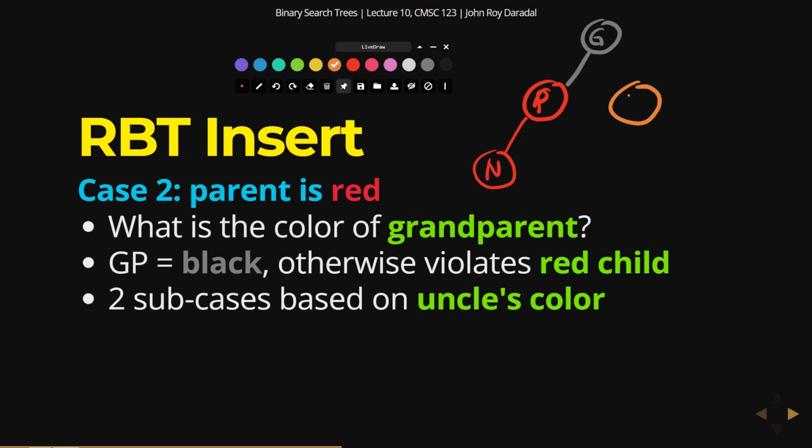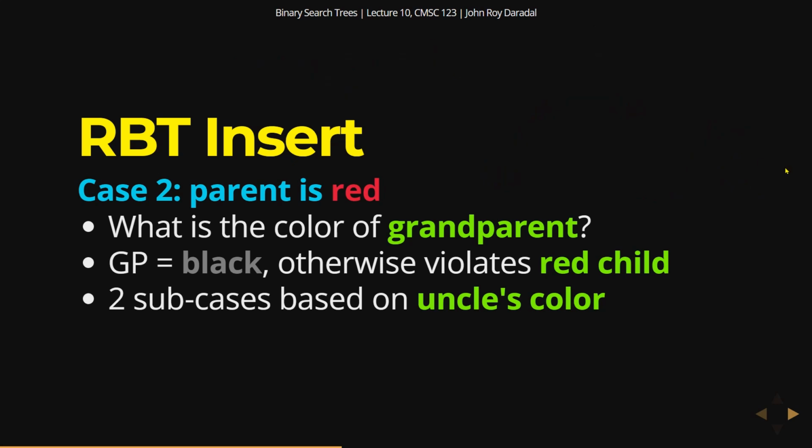The uncle is basically the sibling of the parent, the other child of the grandparent. It could also be that the uncle is the left child and the parent is the right child. It doesn't matter, but basically the sibling of your parent is the uncle. So we'll check two subcases for case 2 based on the color of the uncle.